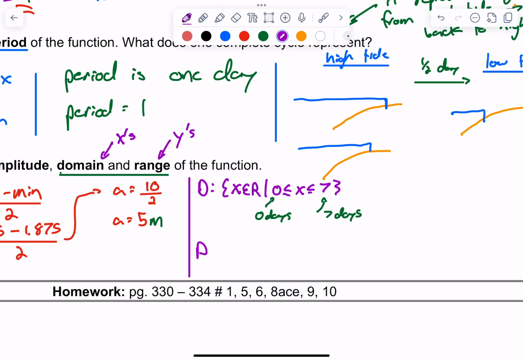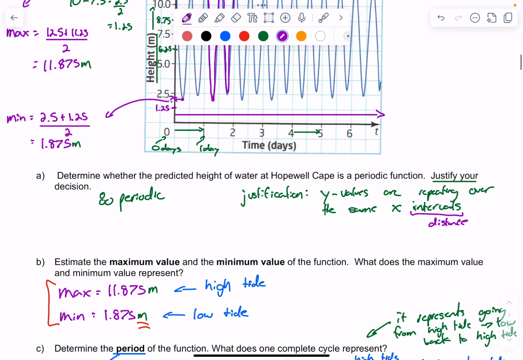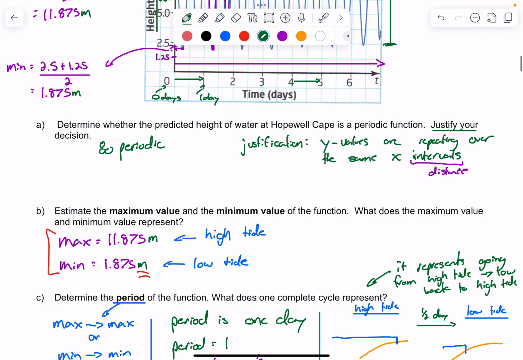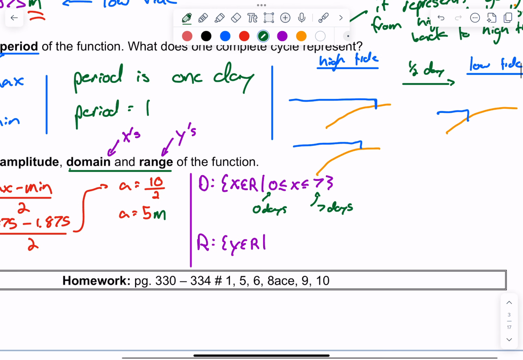And then range is talking about your y values. What is your biggest and lowest value? Going from here down to here, this is your range. So in essence, you're saying my lowest value, your minimum, is less than or equal to y, less than or equal to your max.